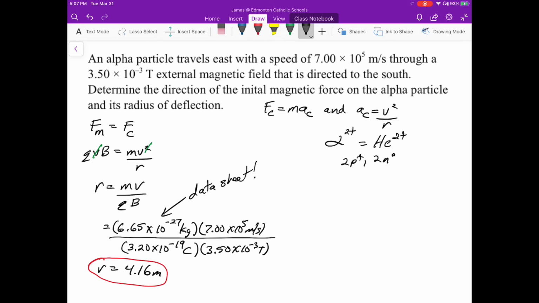Then to figure out the direction of the initial magnetic force on the alpha particle, once again, you've got to use your right hand because it's a positive particle. So your thumb represents the velocity, and it says it's traveling east. So that's the direction you're going to point your thumb.